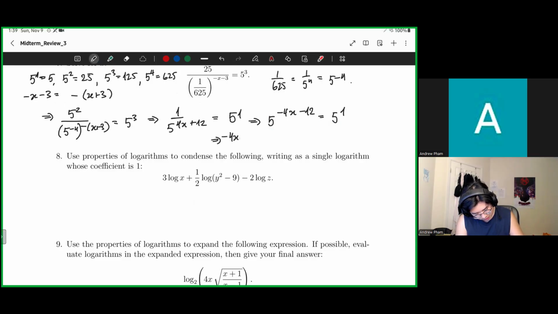We get minus 4x minus 12 is equal to 1. Adding over the 12 to the right-hand side, I get minus 4x is equal to 11, which means x is minus 11 over 4 by dividing by minus 4 on both sides.